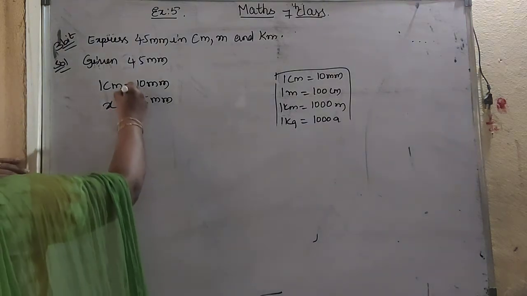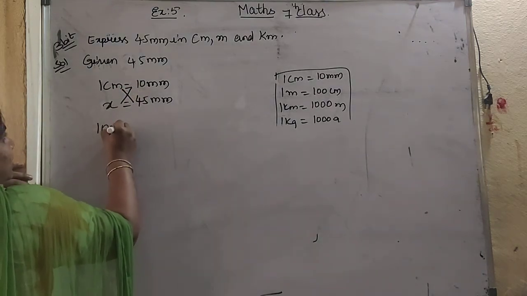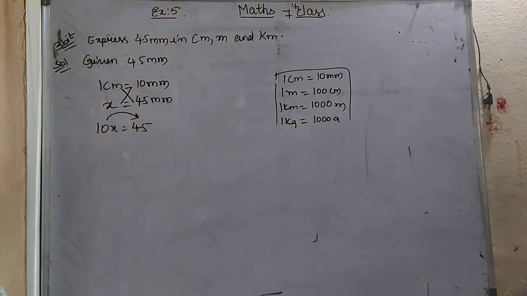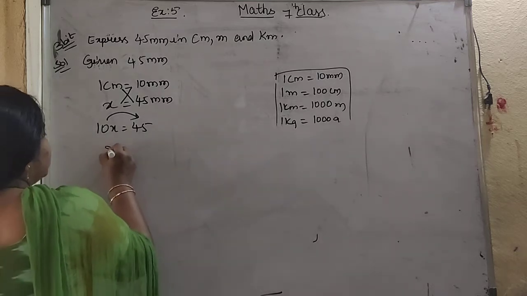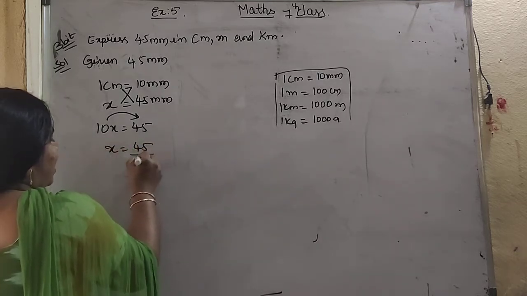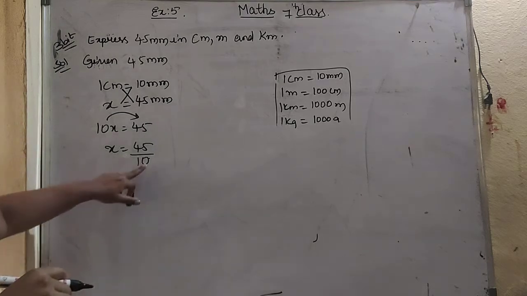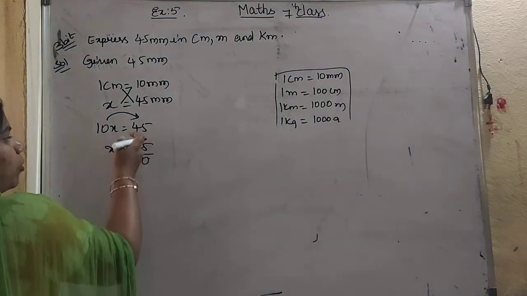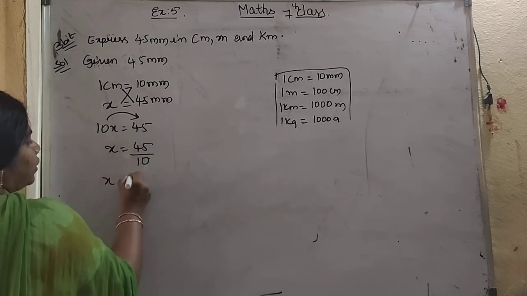Do cross multiplication here. It will be 10x is equal to 45. If I transpose this 10 to the other side, that will become division because it is in the form of multiplication. So x is equal to 45 by 10. In the denominator, how many zeros are there? Only 1 zero. That means after one number, we have to place a point.